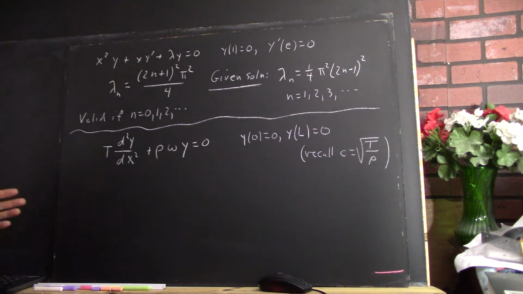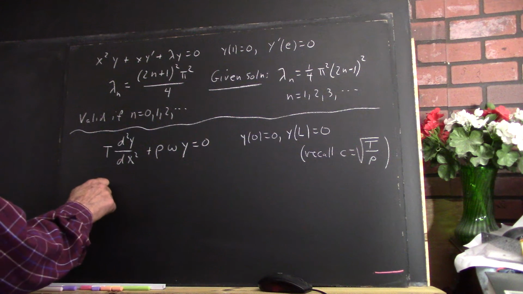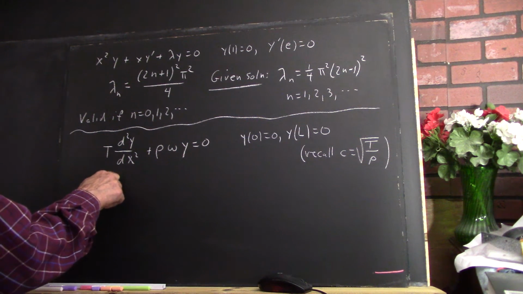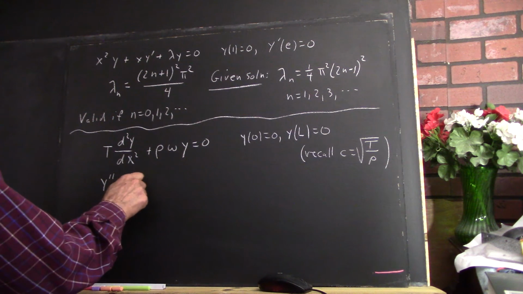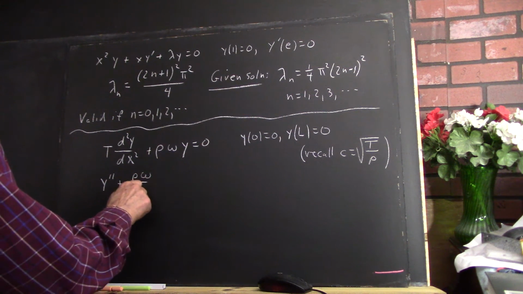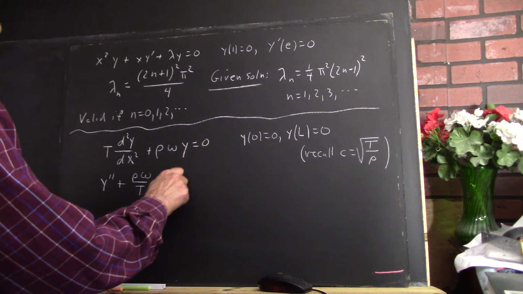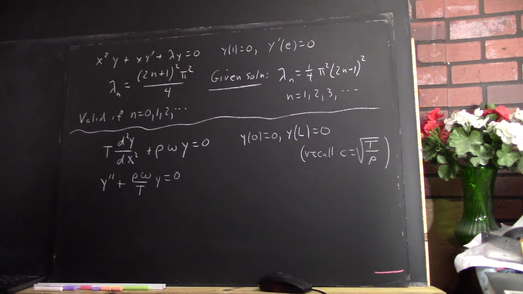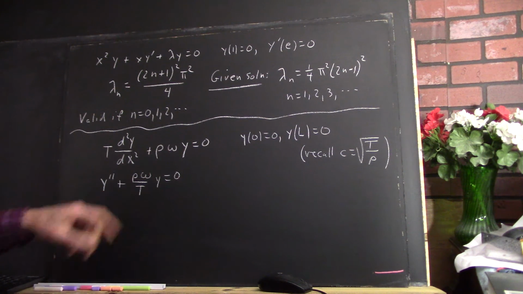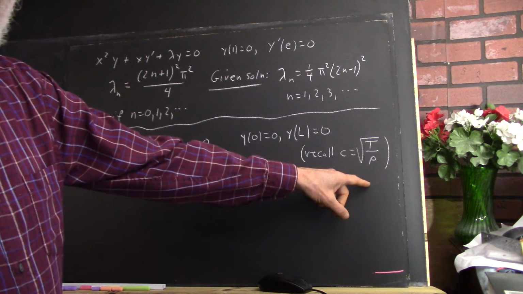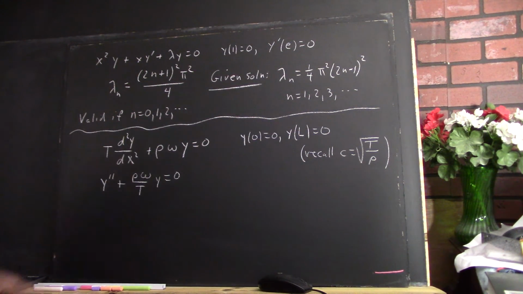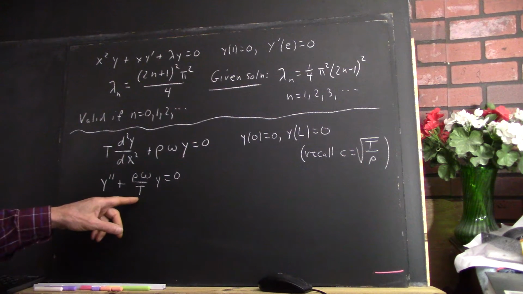With that context, we go ahead and solve it, and just for economy of notation, I'll use y double prime plus rho omega over T times y equals 0. And just for a little additional color, note that rho over T is just the reciprocal of T over rho. So this is like the reciprocal of your squared velocity.